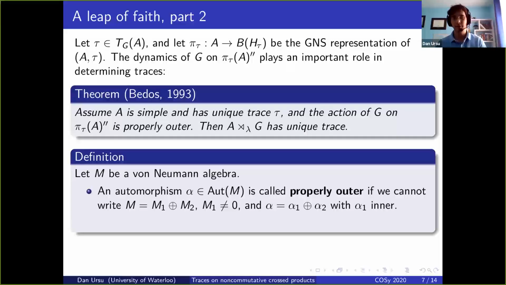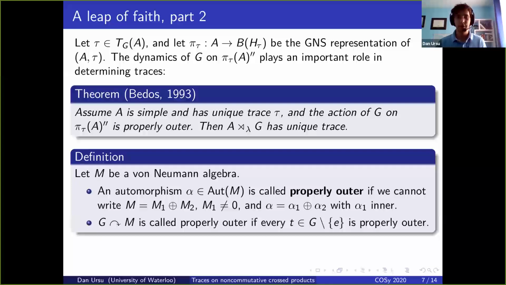We'll say that an automorphism on a von Neumann algebra M is properly outer if you cannot decompose your von Neumann algebra and your automorphism as a direct sum where one of the non-trivial components is inner. And a group acting on a von Neumann algebra, where the action itself is called properly outer if for every non-trivial element in your group, that element acts properly outer.